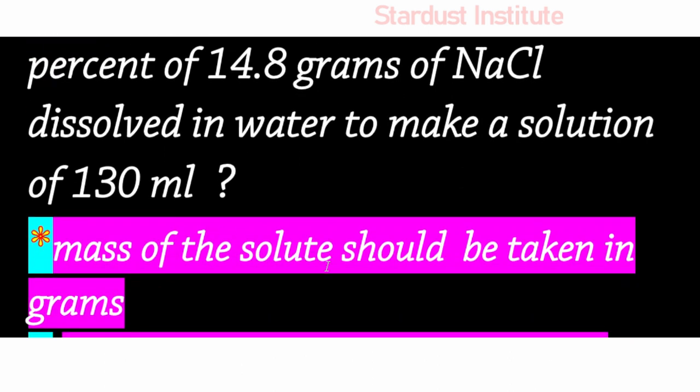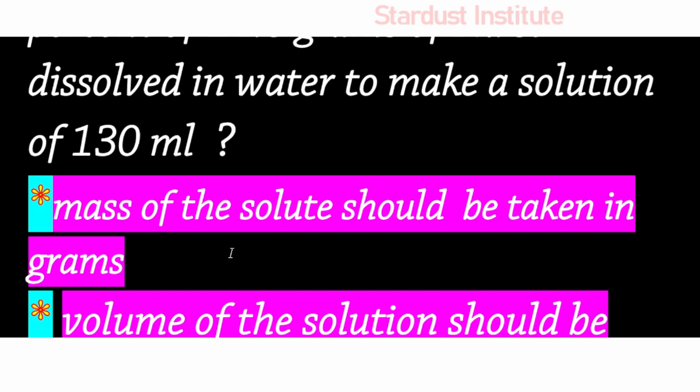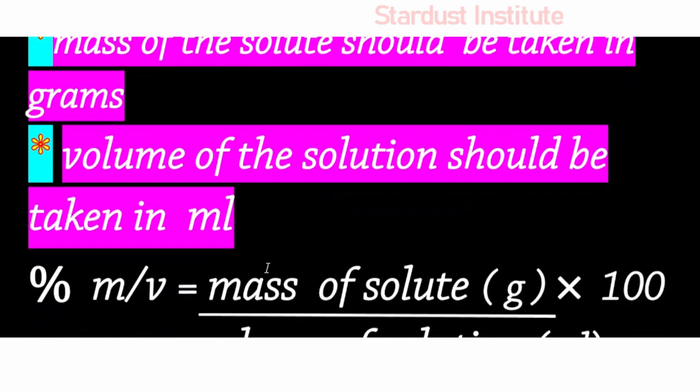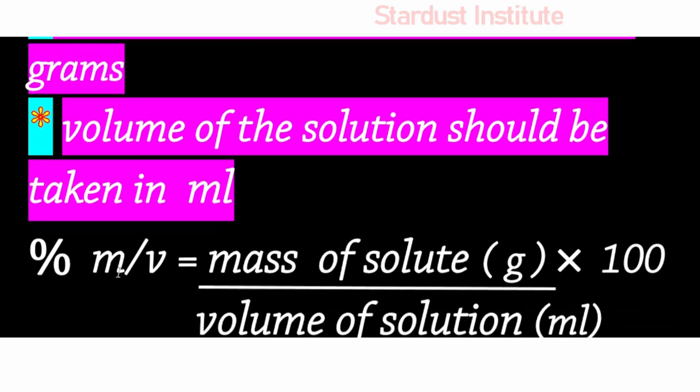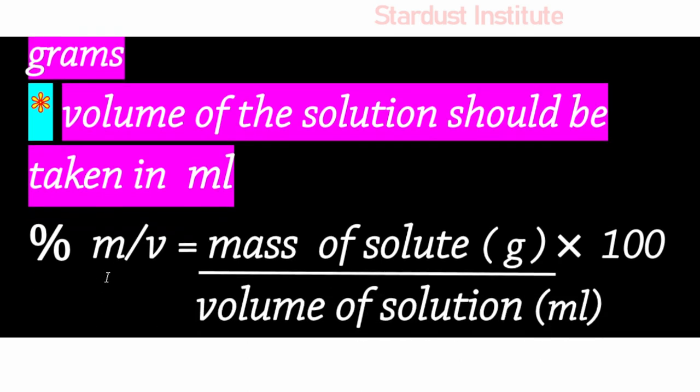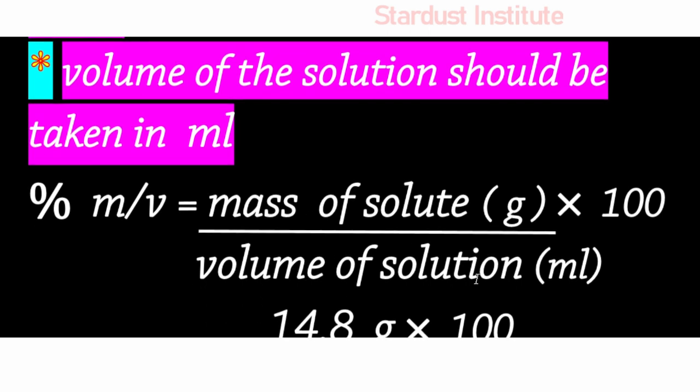Mass of the solute should be taken in grams and volume of the solution should be taken in milliliters. Here we can use this formula: percentage mass by volume equals mass of solute in grams divided by volume of solution in milliliters multiplied by 100.